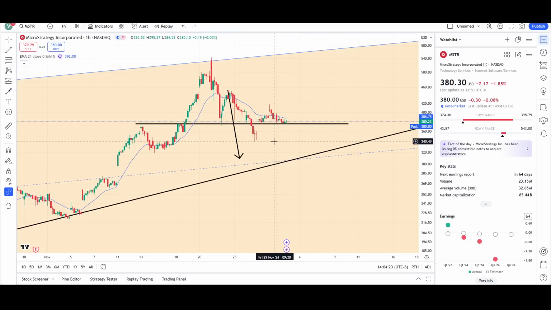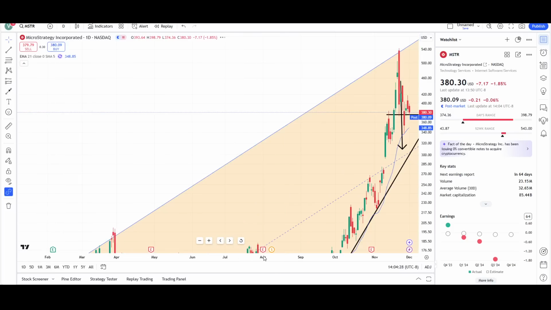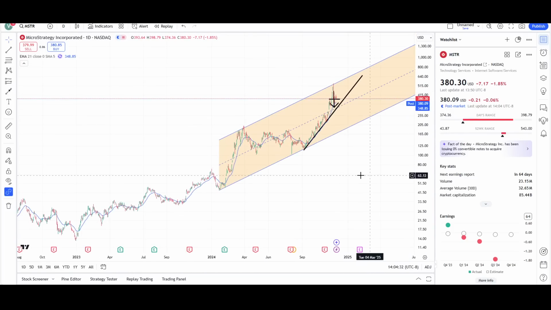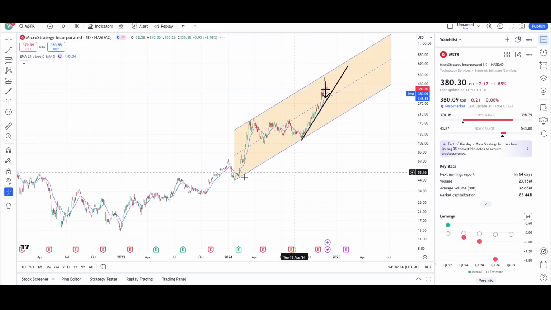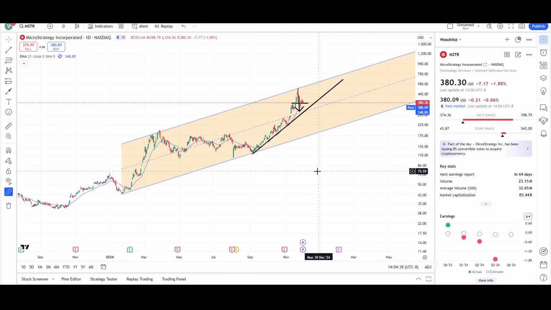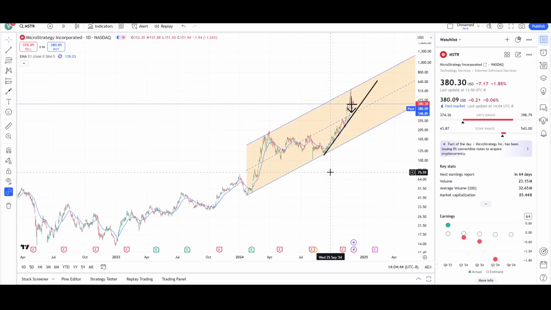So overall, you have to look at the market in different states, right? In the long-term state, it's bullish, because we're in this very long uptrend orange channel. Bitcoin is bullish, and Bitcoin is in this cycle, and most likely it's going to be following Bitcoin pretty much. Not exactly, but it will.